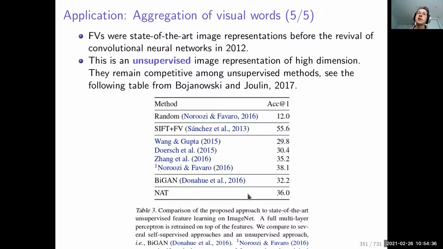So we should not say that unsupervised deep neural networks are outperformed today by Fisher vectors, but it was still the case about 2 years ago. It's still pretty impressive because it means that after 2012, for at least 5, 6, or 7 years, people did not manage to outperform Fisher vectors using deep nets if the image representation was unsupervised. Now, like I said, this has changed with recent self-supervised approaches.